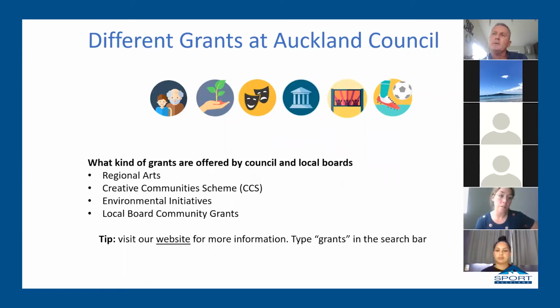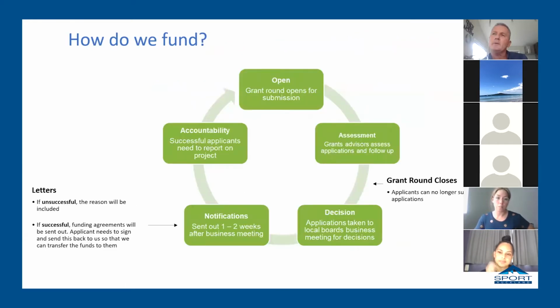So there are regional arts grants, creative community scheme grants, environmental incentive grants, and local board community grants, which is what we will be talking about today. I also believe that this presentation will be sent out to each one of you. So there's a few links in there regarding all the grants and local boards and how to apply as well. Can we go to the next slide, please?